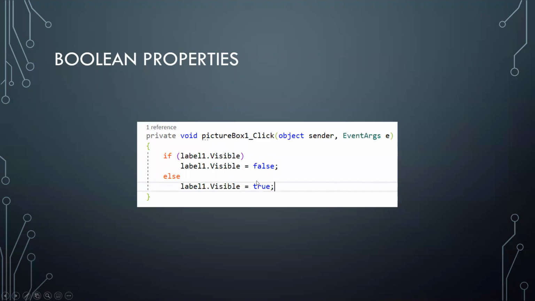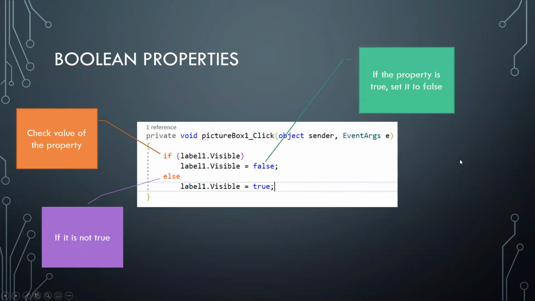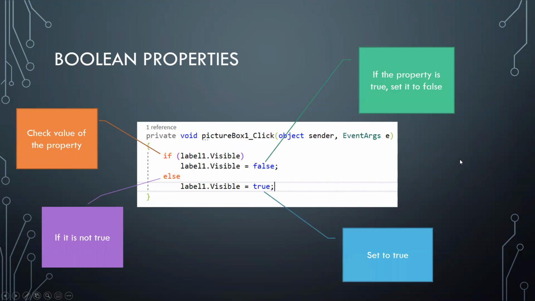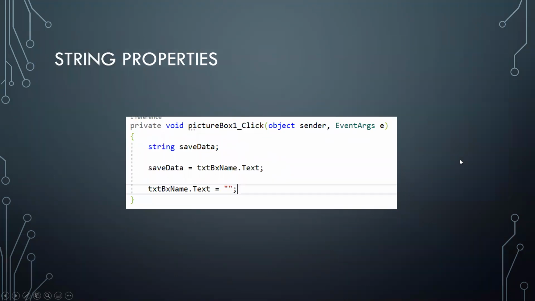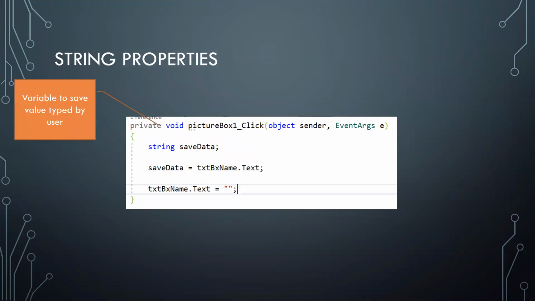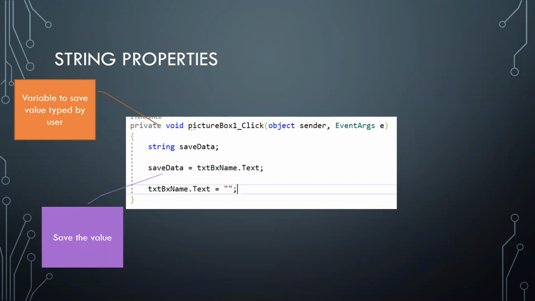Okay, so we have these Boolean properties that we can set to true or false. Got it. We have string properties like our text box. If we want to save the value that is in a text box, we'll have a variable name and we'll set it equal to the text box control's text property.